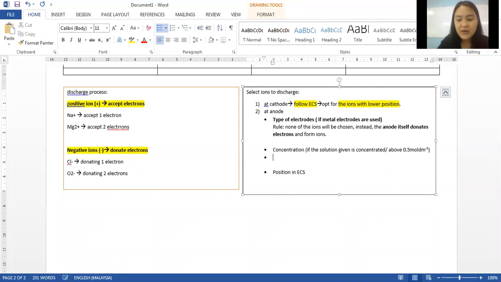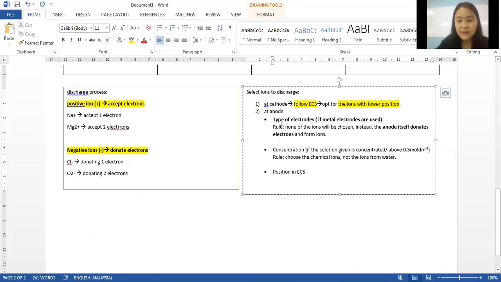So if you have chosen this factor that affects your choice at anode, the rule that you need to follow is that you are supposed to choose the chemical ions, not the ions from water. Normally you would choose the chemical ions, not the one from water.